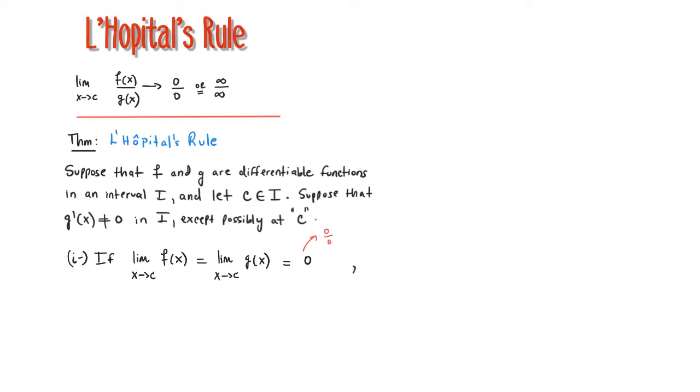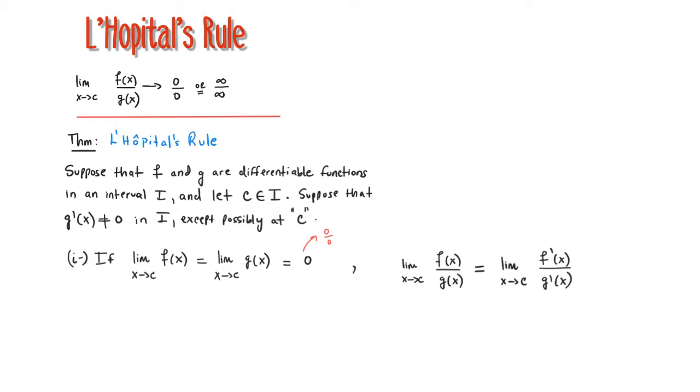If this is the case, then L'Hopital says that the limit as x approaches c of the original quotient f of x over g of x is going to be equal to the limit as x approaches c of the quotient of the derivative of f divided by the derivative of g of x.